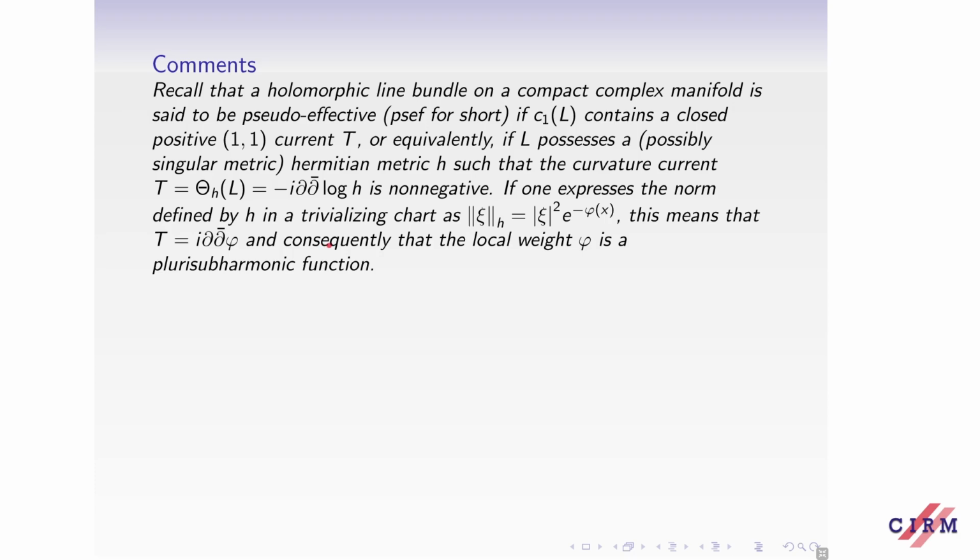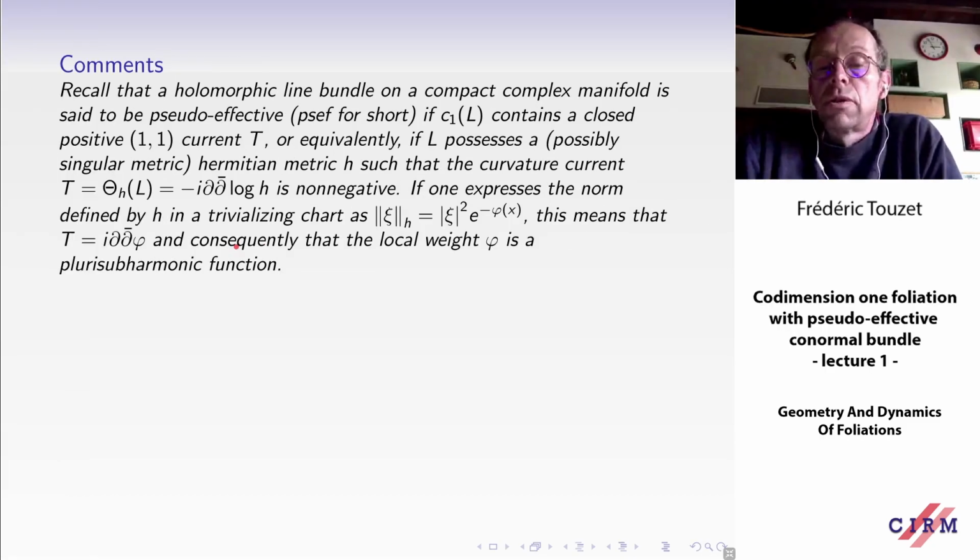So I will not do a background on currents. If you are not very comfortable with this notion, you can think of a current as a form with distributional coefficients, and of a positive (1,1)-current as a positive (1,1)-form, but with coefficients that are measures instead of genuine functions.